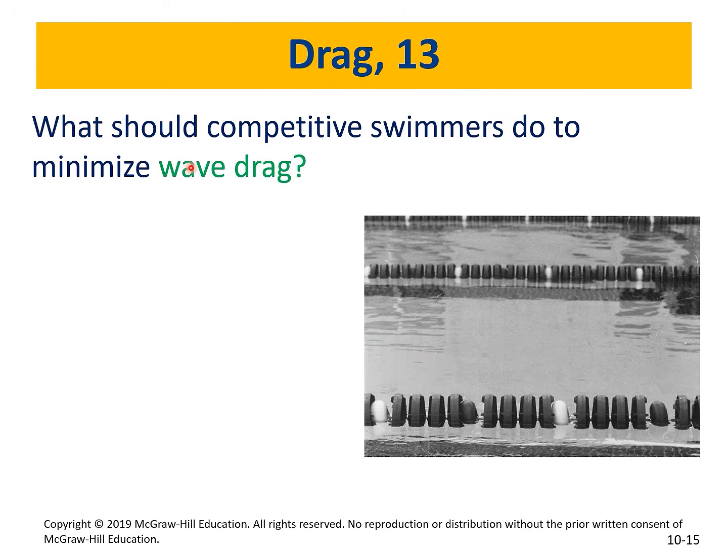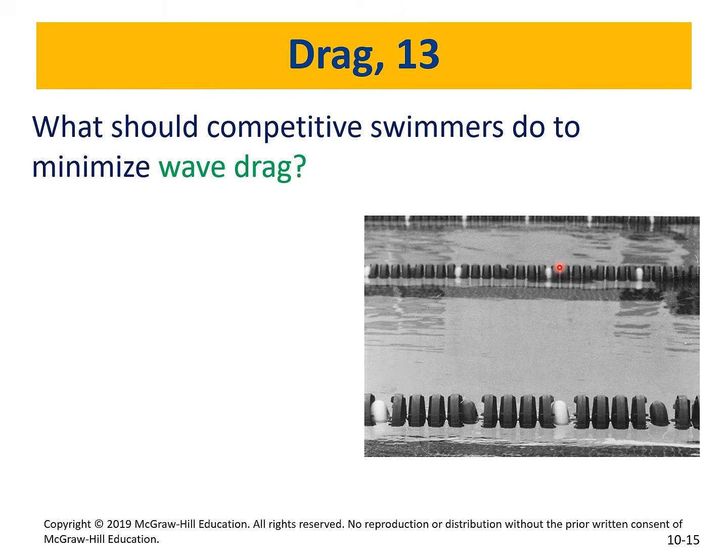Now, swimmers, what do they need to do in order to avoid the wave drag? Even if they are swimming at a slow speed, they have to propel underwater. They should not go up and down across the water. And then you have these. Have you ever questioned why they have those floating plastics? There is a reason for them: it is to stop the oscillation of water so that you don't have drag.